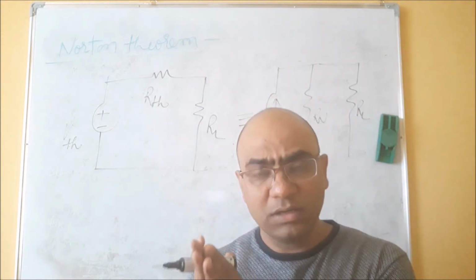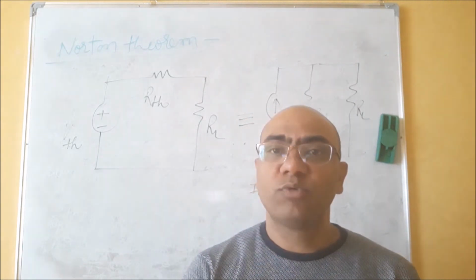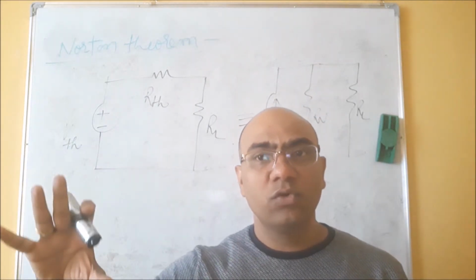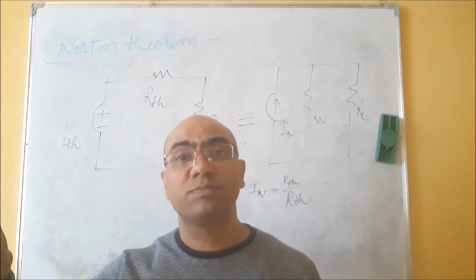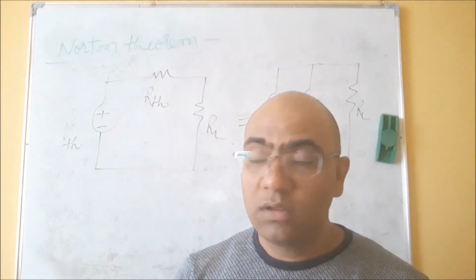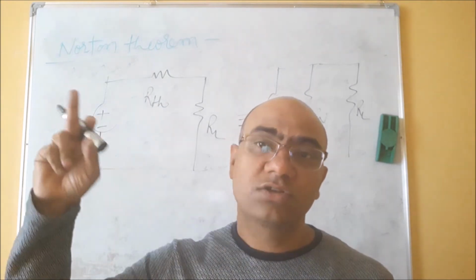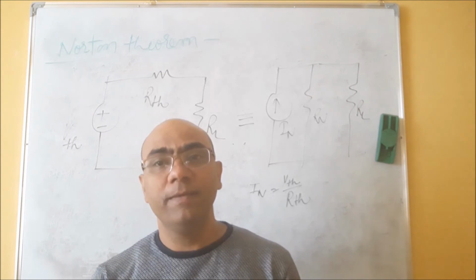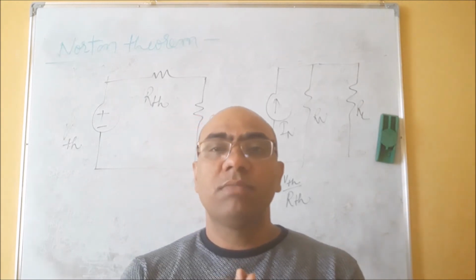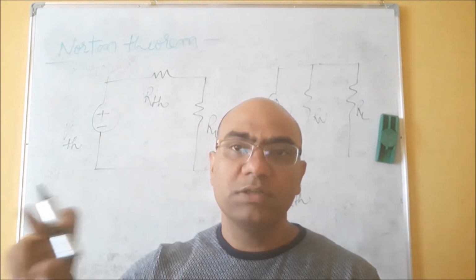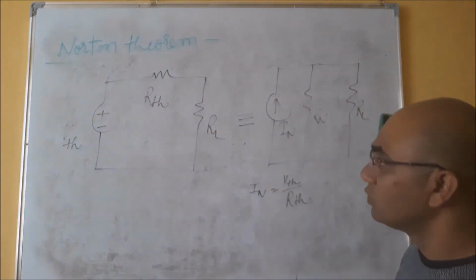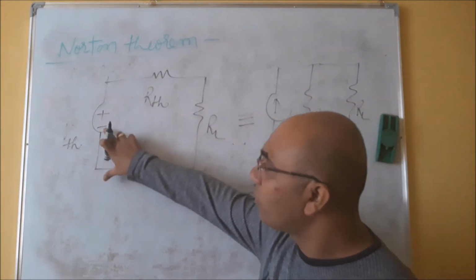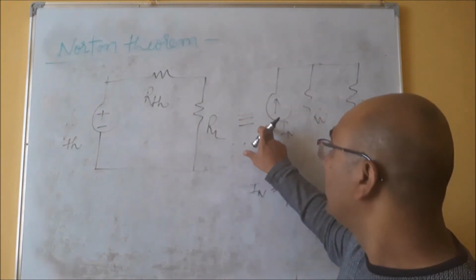Whenever you have any circuit in which you have a voltage source, and this voltage source has one resistance in its series, then you can convert it as per your convenience, as per the requirement of the question, into a current source. And you see the direction of the current will be the same, from negative polarity to positive polarity.